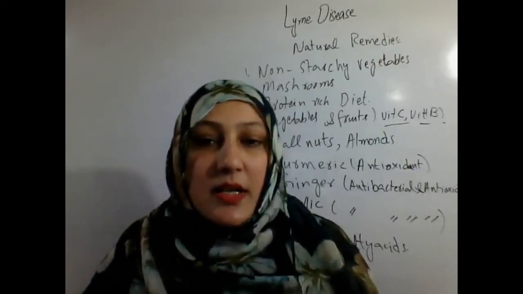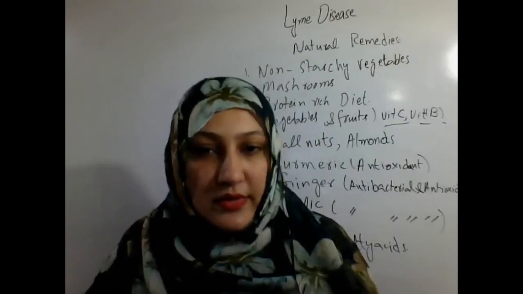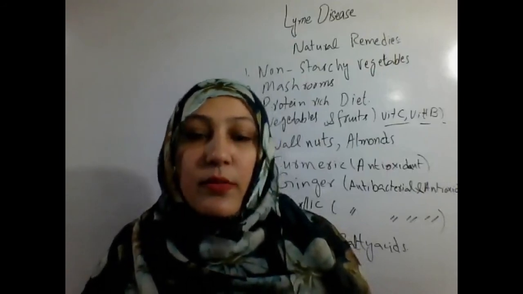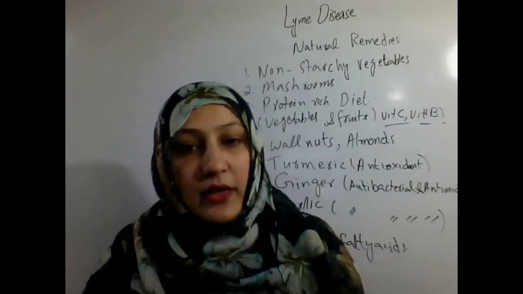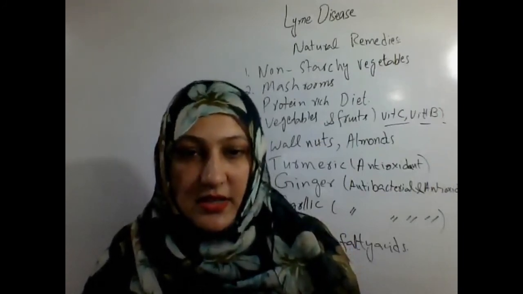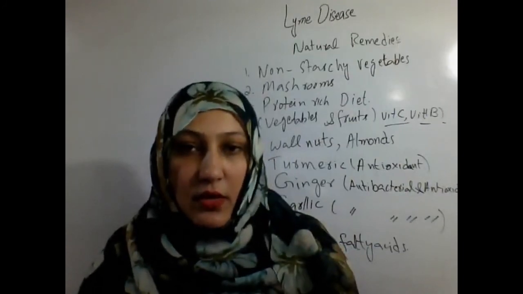By taking these natural remedies, you can boost up your immune system, and by boosting up your immune system it can better act against the presence of foreign particles or the bacteria, and by killing these bacteria, you can be cured of this Lyme disease.